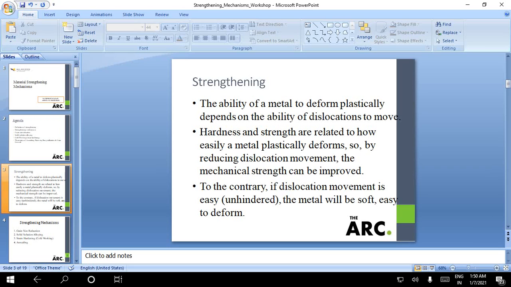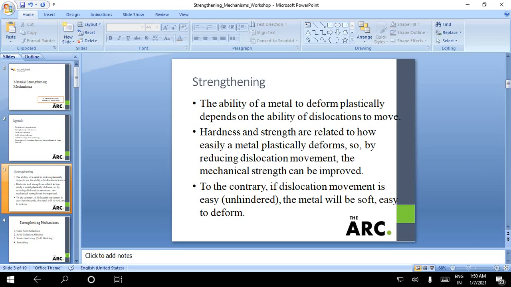When there are more dislocations in the material, that means when the atoms move from one place to another place, the dislocations happen, right? At that time the strength of the material is going to decrease. So when we prevent that, we can improve the strength of the material.